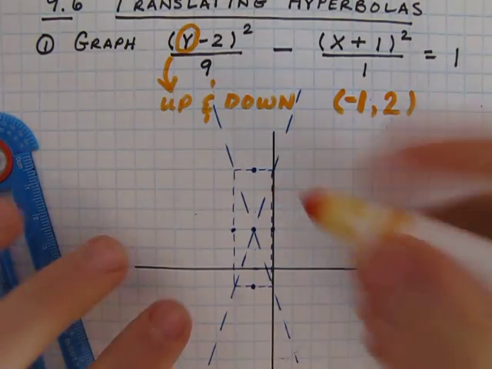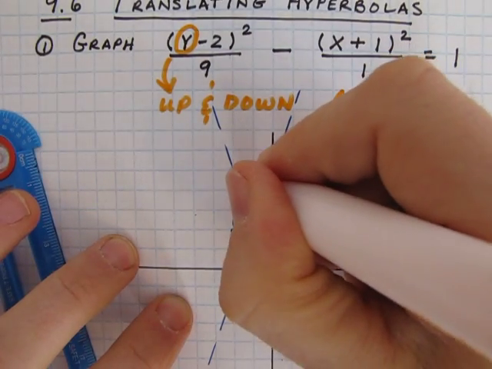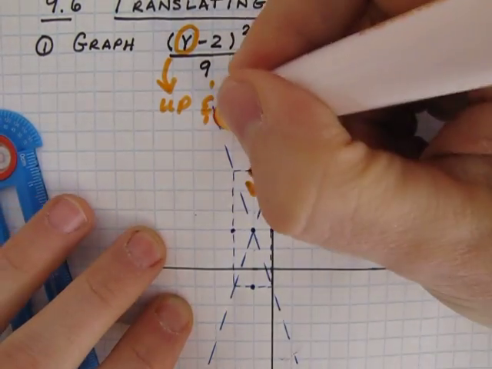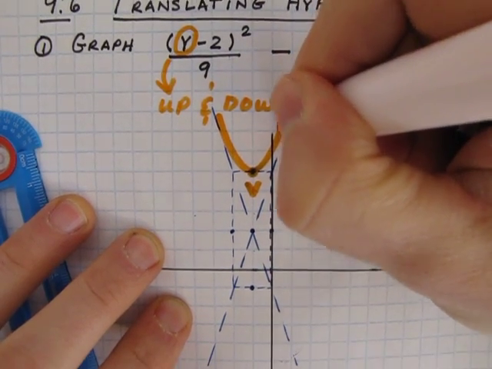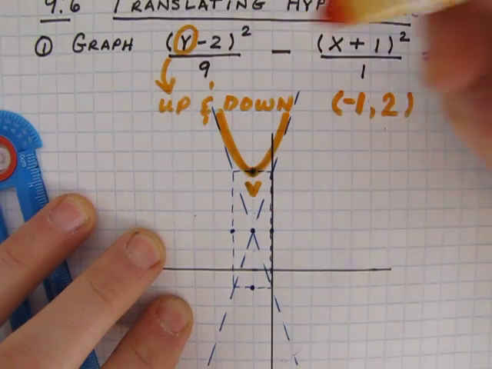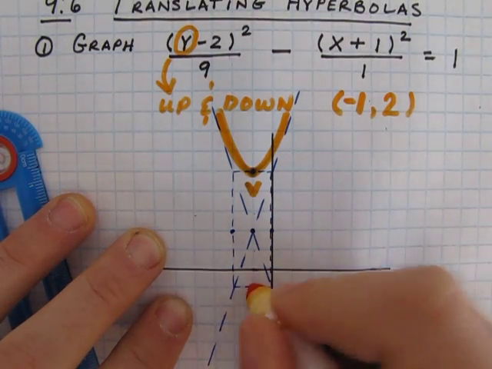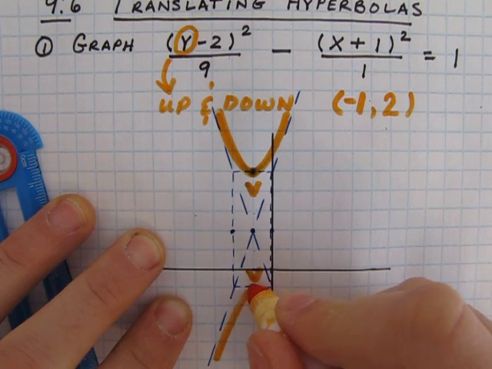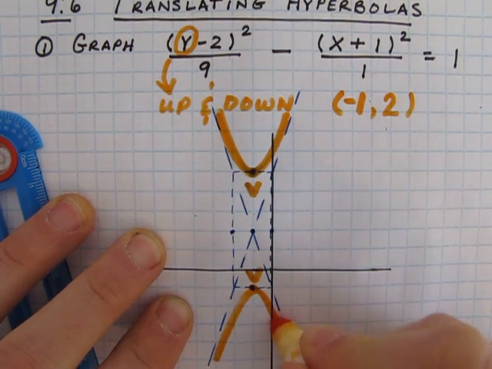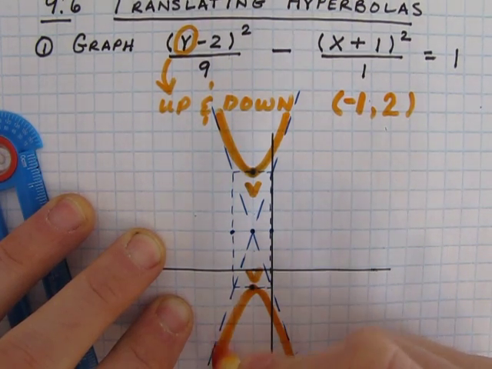That tells us that our vertices are going to be here, so that we get this part of the hyperbola. So what I'm drawing now is actually part of the solution set. And then our other vertex is going to be here, so that this is also part of our solution set. Just hugs those asymptotes.